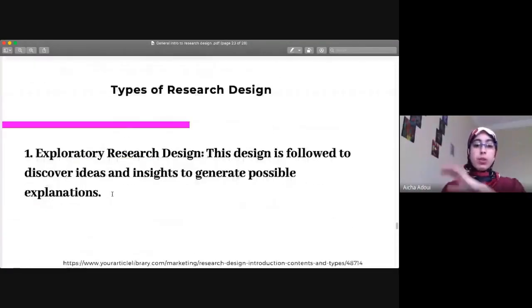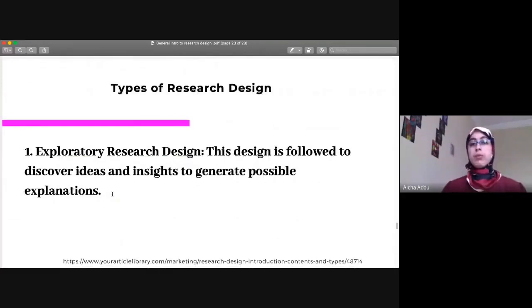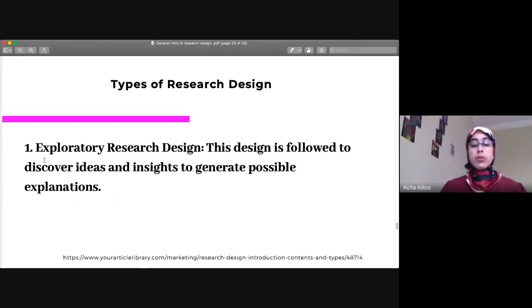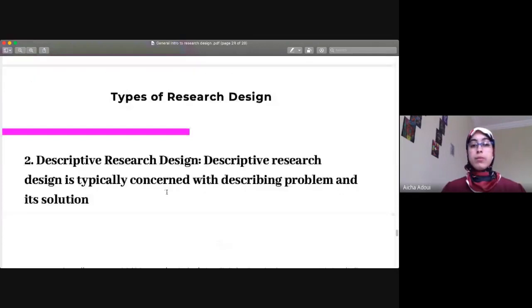Right now, I'm just going to go briefly through some of the types of research design. I'm not going to go in depth. Exploratory research design. This design is followed to discover ideas and insights to generate possible explanations. We have descriptive research design, which is used to describe certain phenomena or certain problems and what kind of solutions we could offer or implement.